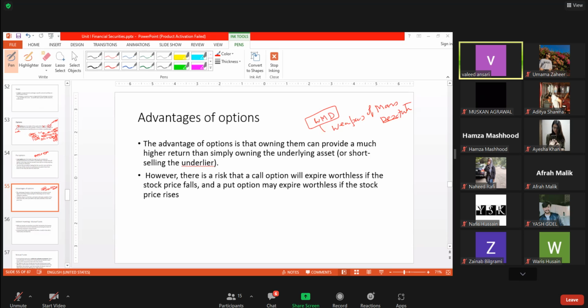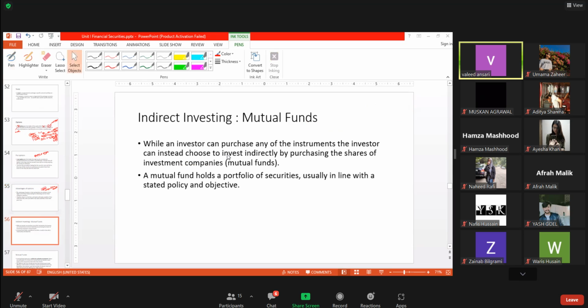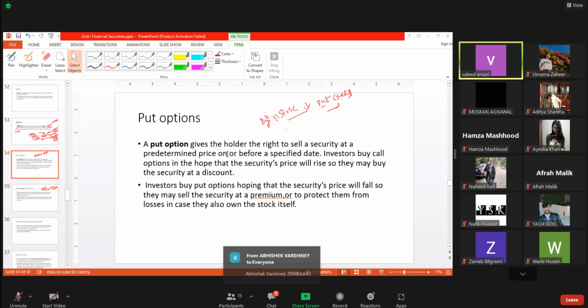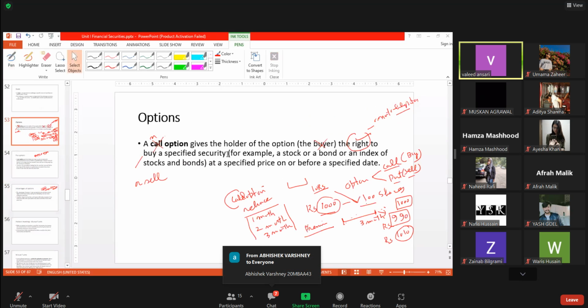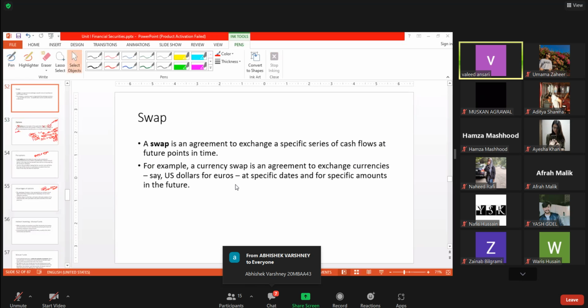And then one more variety of derivative is what we call a swap. Actually, as I told you, the two building blocks are there, but for swap, the word itself tells you, it means to exchange a specific series of cash flows at a future point in time.